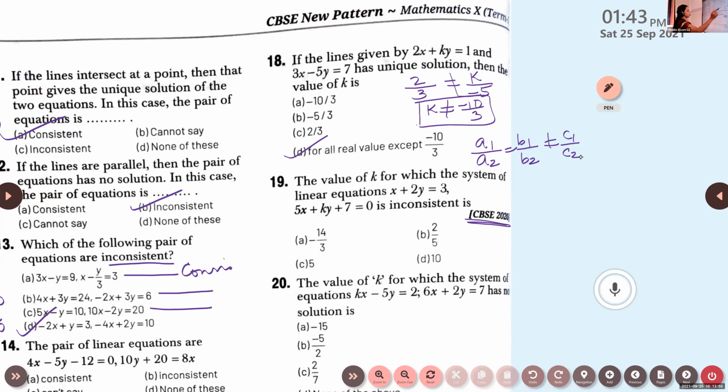So here, when you apply this, we want to find K. So we get 1 by 5 is equal to 2 by K not equal to minus 3 by 7. Therefore, what is the value of K?